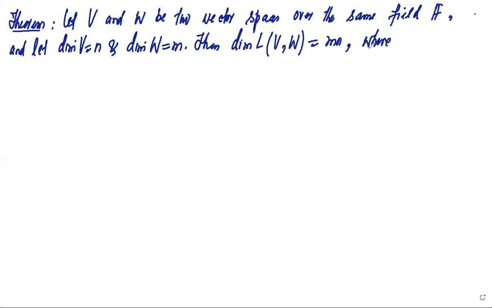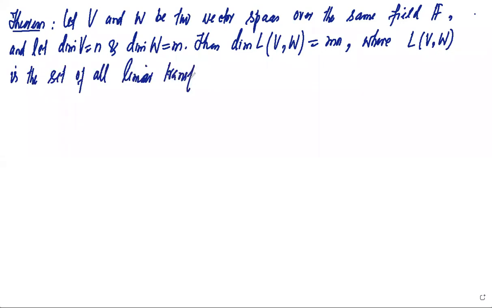So let's also write it here for the sake of completeness, where this L(V, W) is the set of all linear transformations from V to W. So we know that L(V, W) is a vector space.